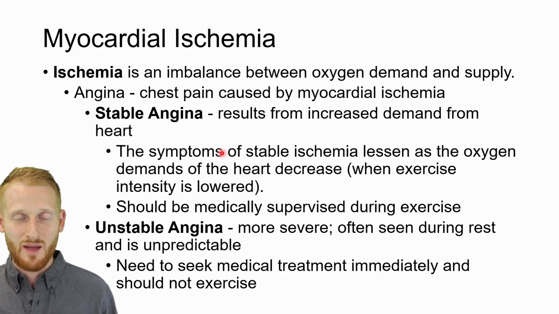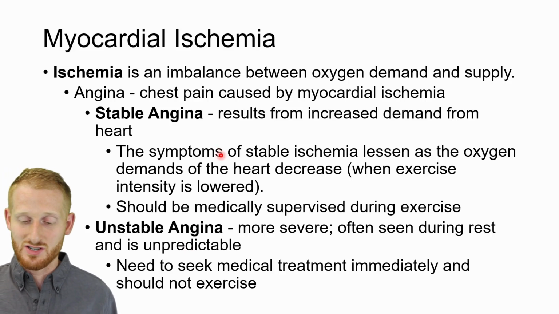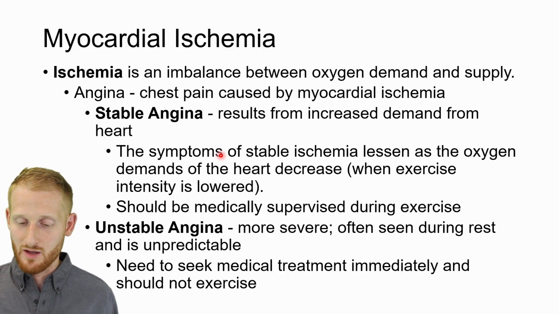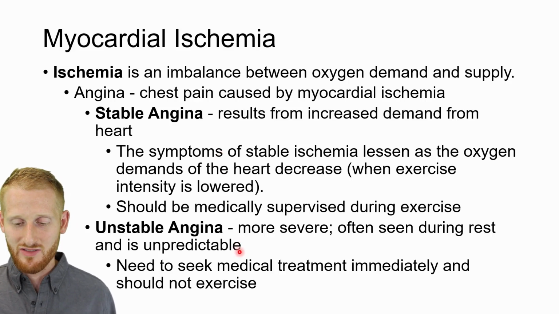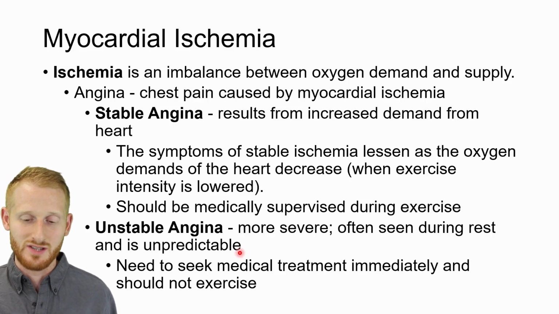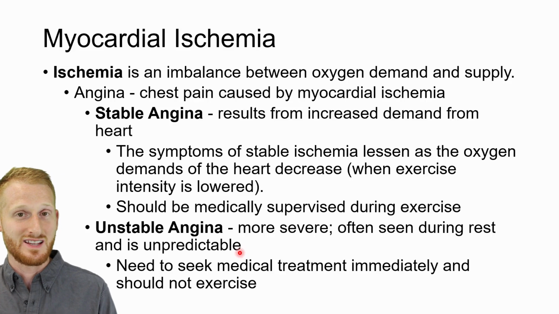We expect it to happen at a certain intensity in somebody who's already been diagnosed with this condition. Where unstable angina, it's kind of hard to prevent it from happening because we don't know exactly when it's going to occur. And it's also a sign that there might be some issues where the plaques inside the arteries might not be stable themselves and might be causing blood clots or other issues where you're getting angina sometimes and not other times.